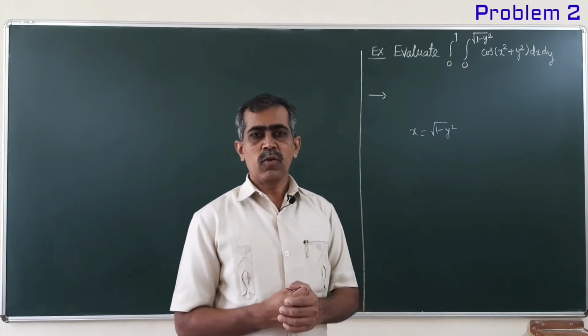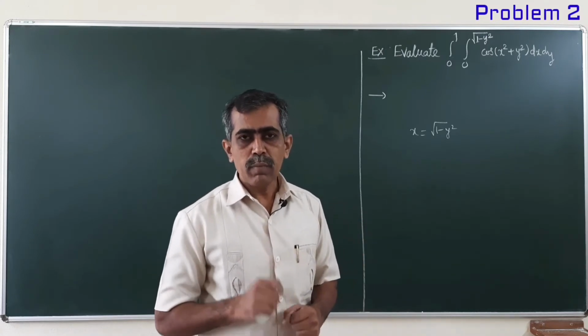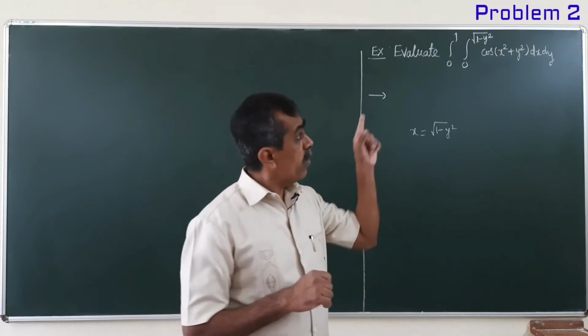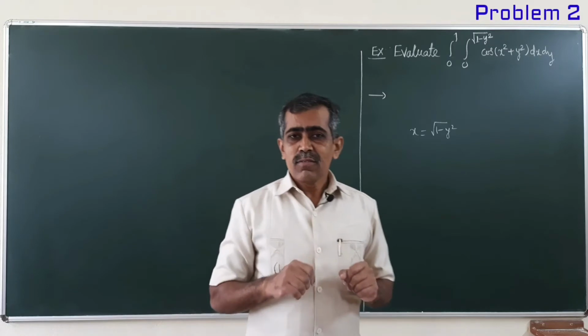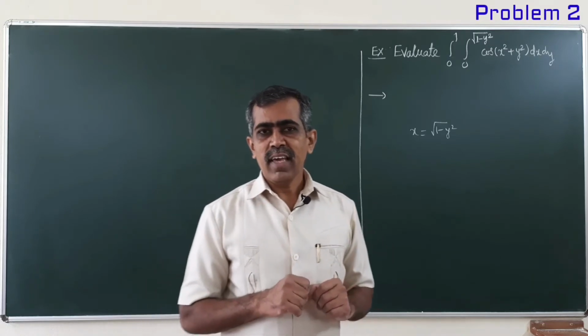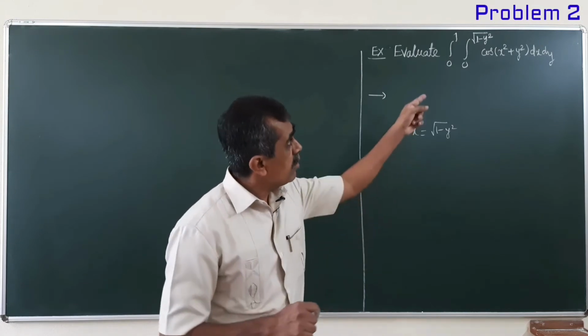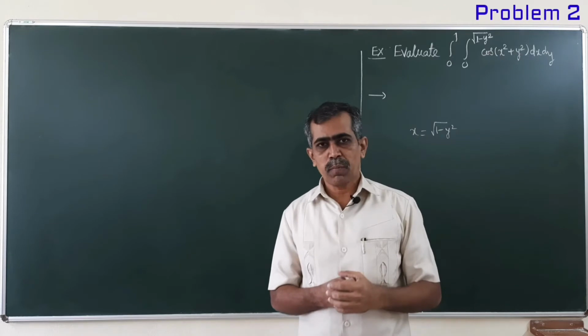As I have already told you, whenever the domain of integration is a part of a circle, it is easy to evaluate the integral using polar coordinates. Another reason is that if your function is complicated, like here, your function f of x y is cos of x square plus y square.